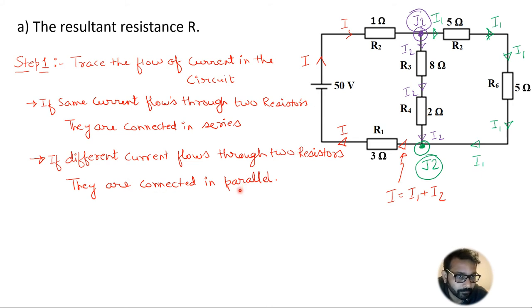So the first step is to trace the flow of current, and you can name these currents anything. I have named them I1, I2. You can name them as per your will and fancy.